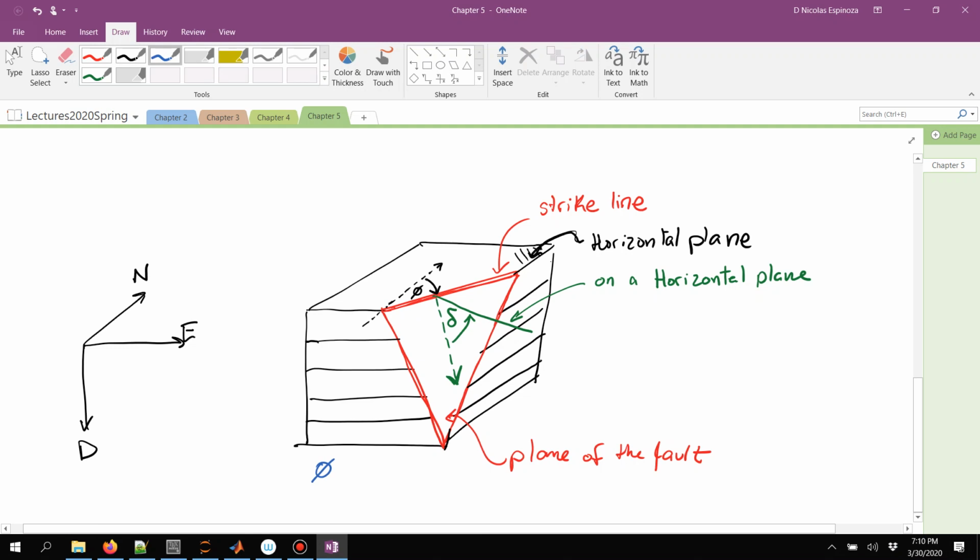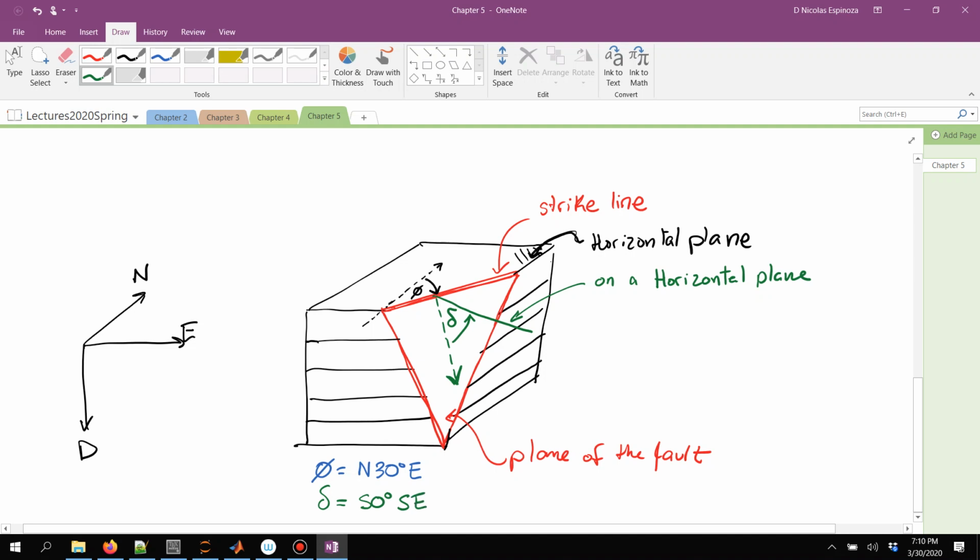Strike angle in this particular case is more or less 30 degrees from the north towards the east. I'm going to explain in a bit this notation, and the dip angle is more or less, in this case, 50 degrees, and is dipping towards the southeast.